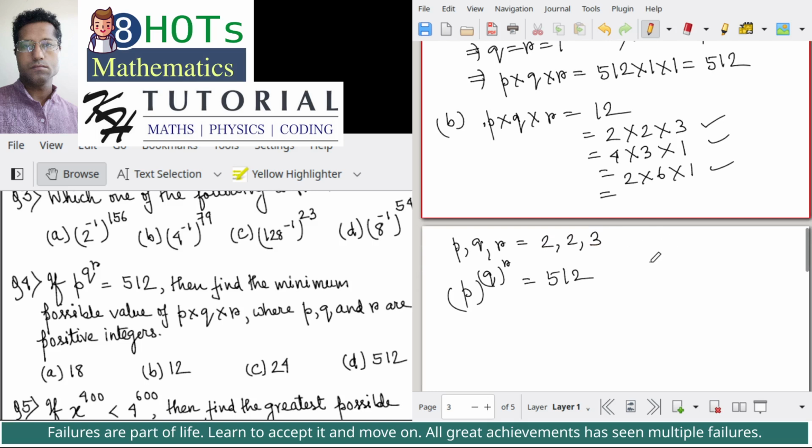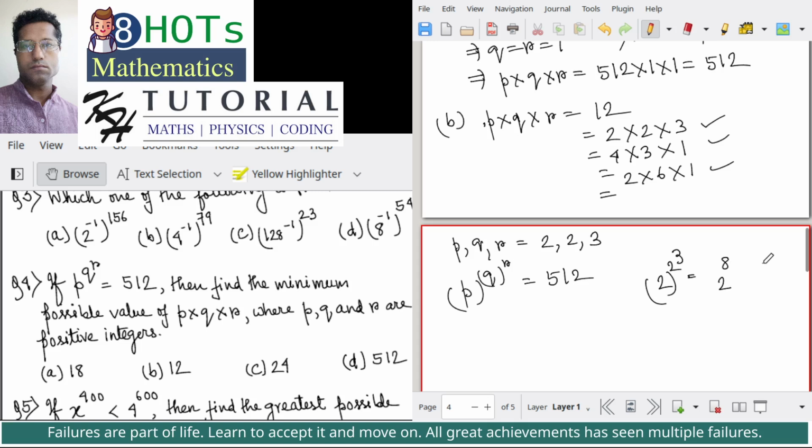What can the greatest number be using 2, 2 and 3? Now since 512 is a power of 2, I am trying whether it can be 2 to the power, and the power is 2 to the power 3, that is 2 to the power 8.